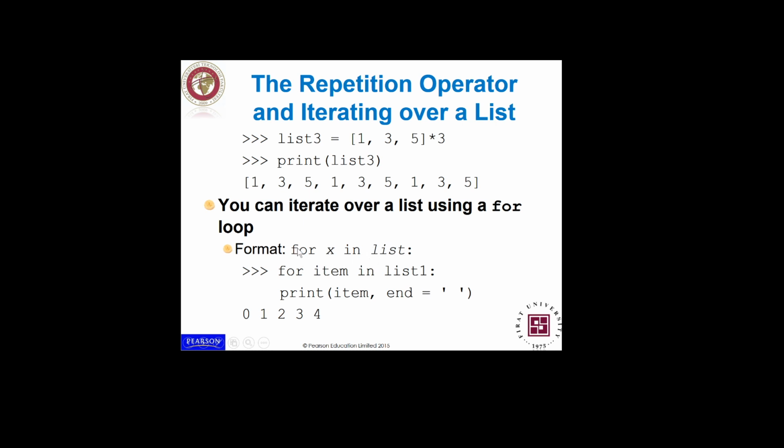We start from the first element until the last element, and this will present all the elements of the list, like what we have here. For example, if we have elements 0, 1, 2, 3, 4, like list 1 I presented earlier, it will be displayed the way you see it, because we specified that the end should be just one space between these elements, not a new line.